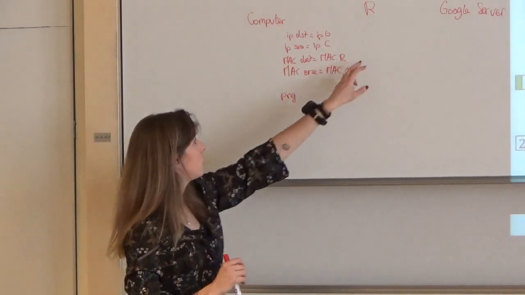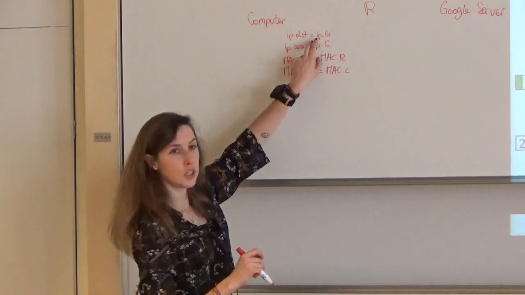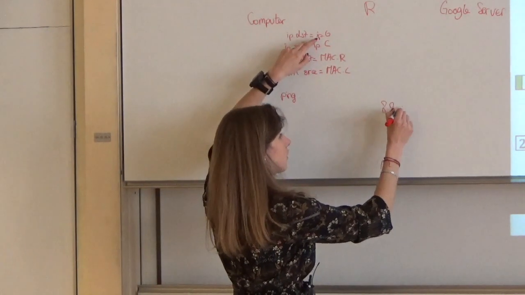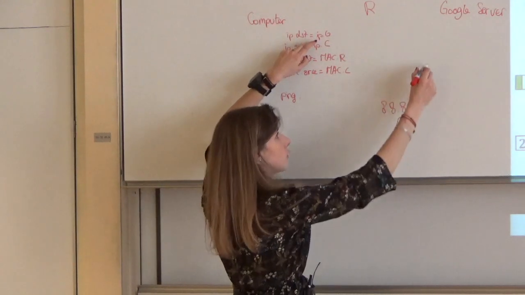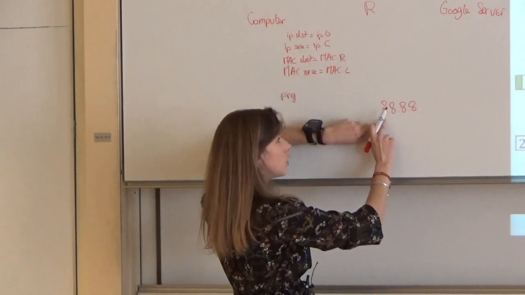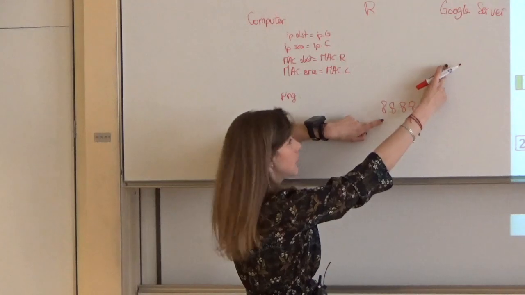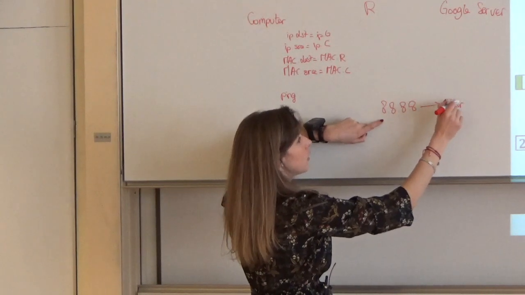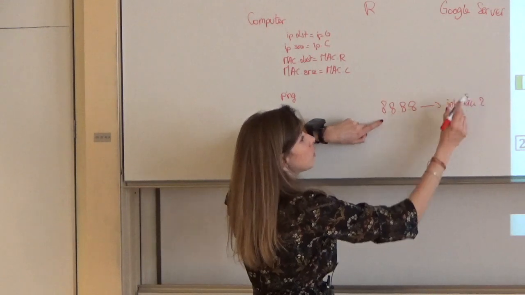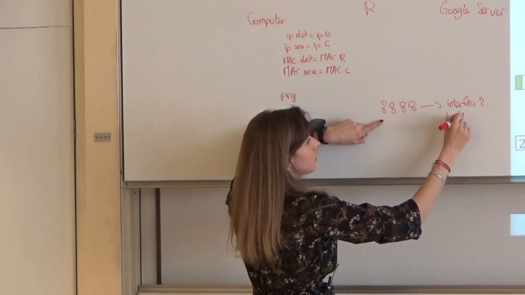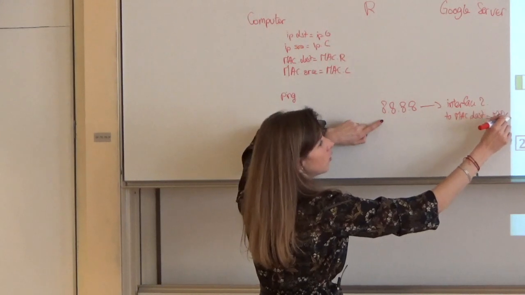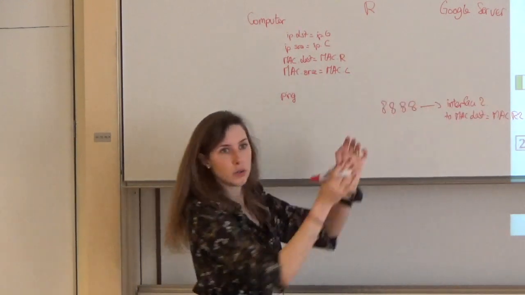So if the IP destination address I'm trying to forward to is 8.8.8.8, it will look for the longest prefix rule in its table to know, okay, I need to send on interface 2, for instance, to the MAC destination, the MAC of router 2, if there was a router.